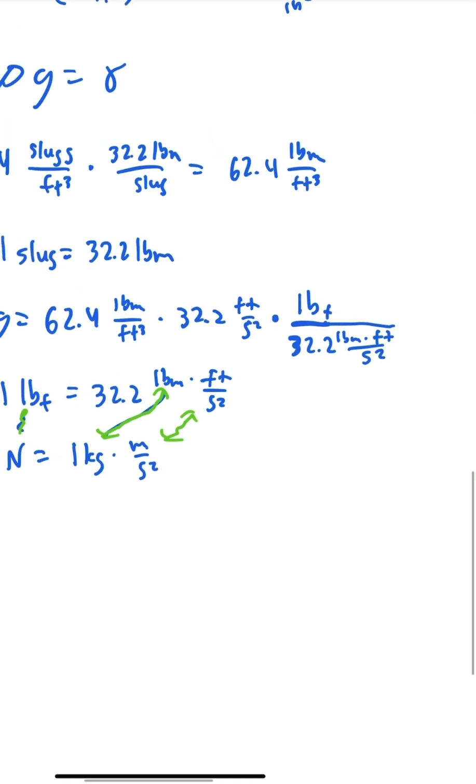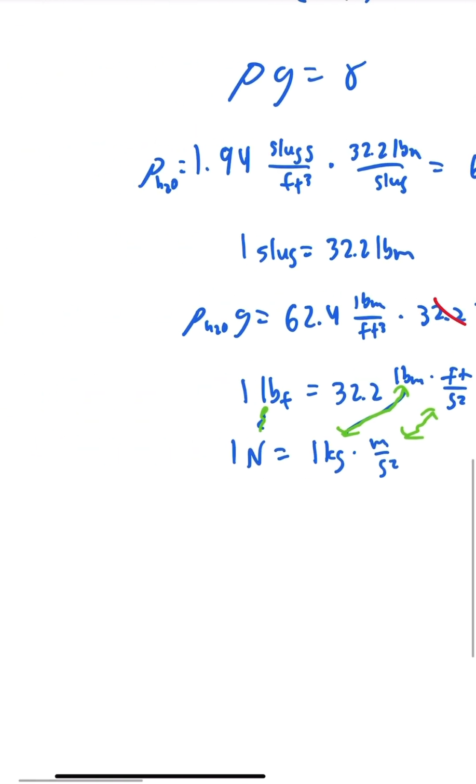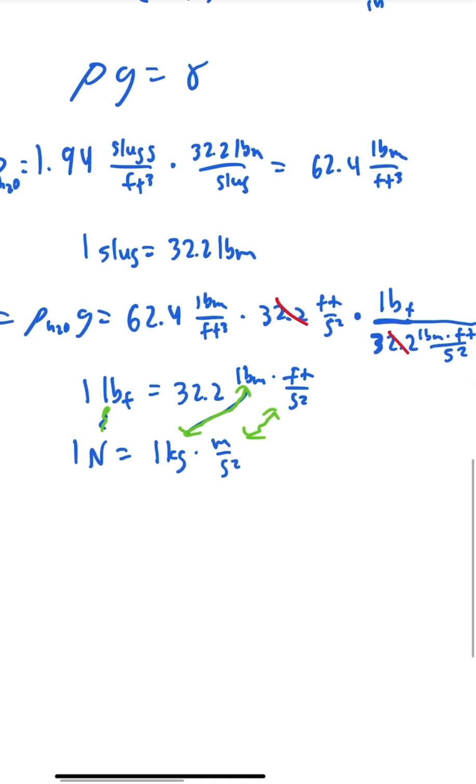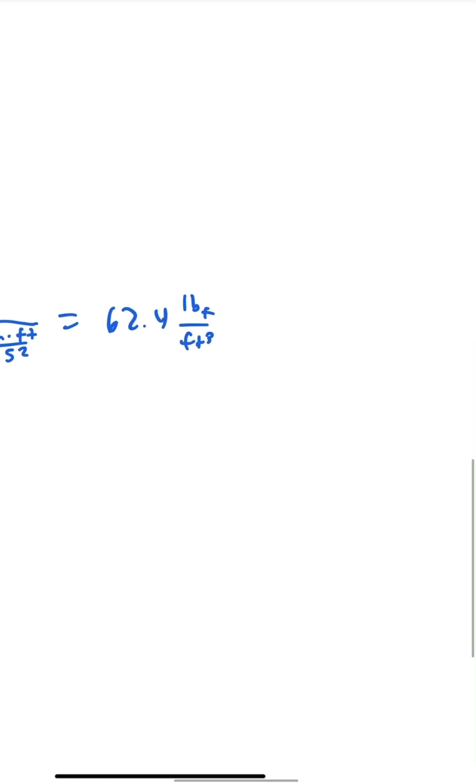So this is what causes these 32.2s to cancel out. And this gives us that the specific weight of water is then equal to 62.4 pound force per feet cubed. And of course, you can then just say that's 62.4 pound per feet cubed.